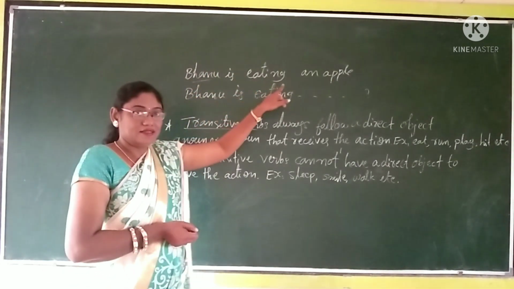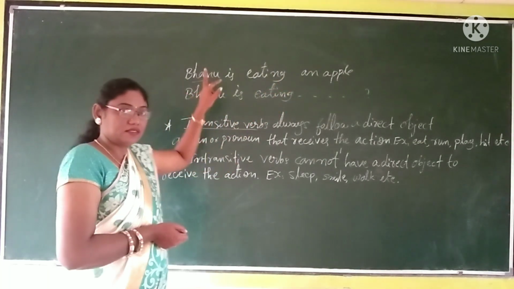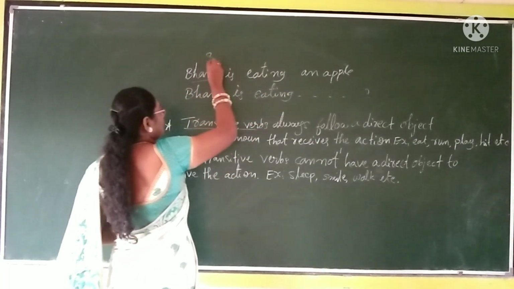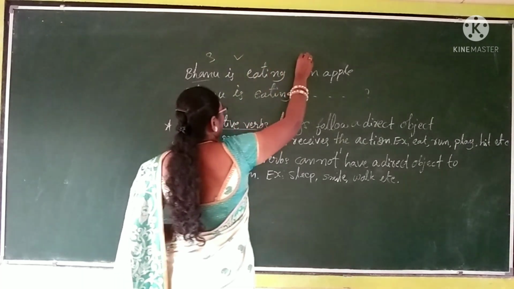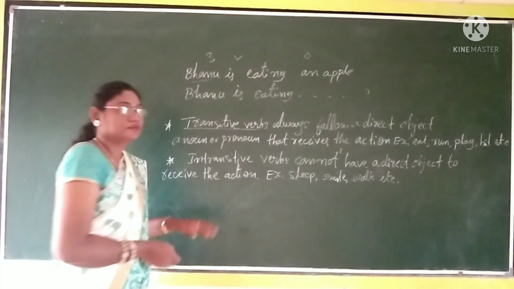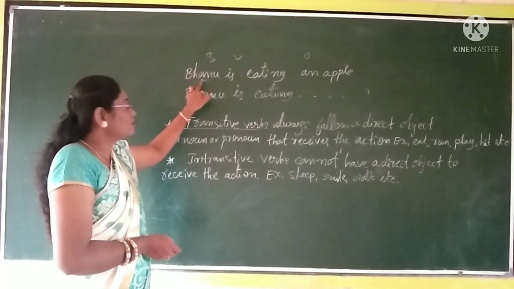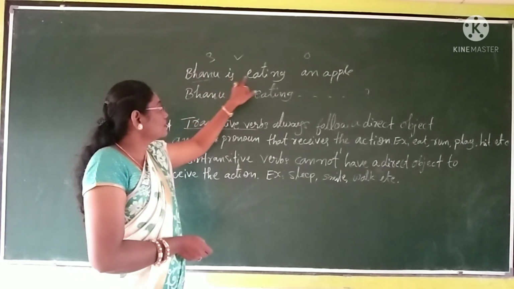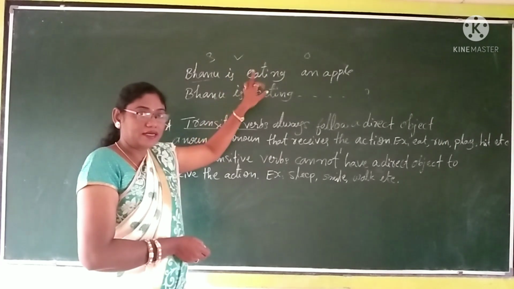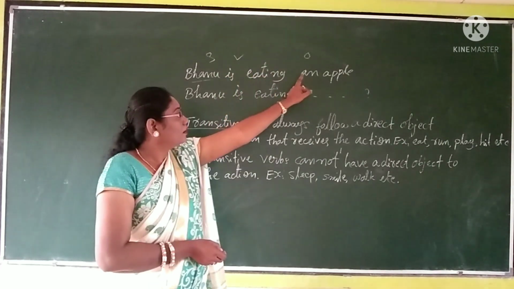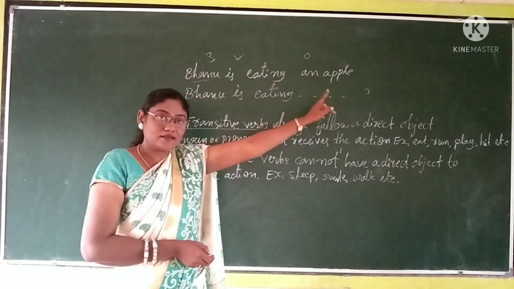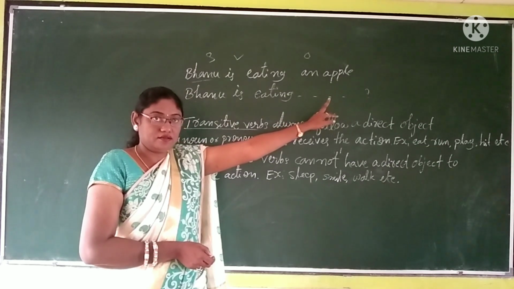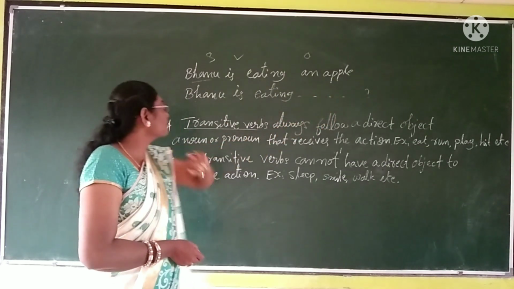The sentence is divided into three parts: subject, verb and object. Banu is the subject part. Is and eating are considered the verb, and an apple is considered the object. So we all know about this.